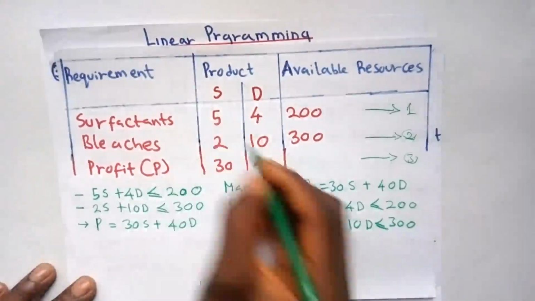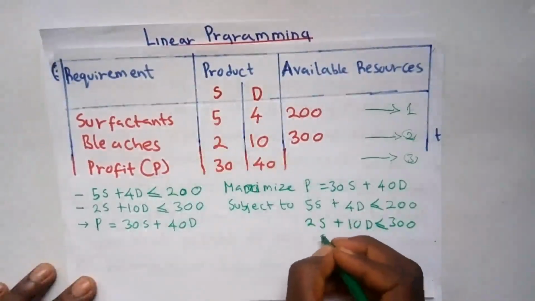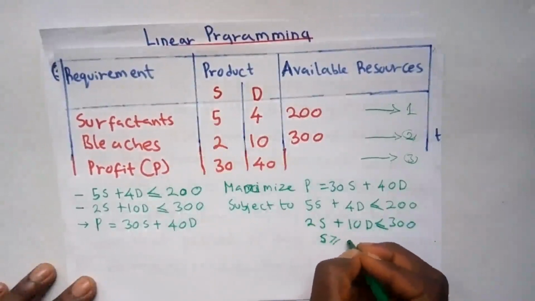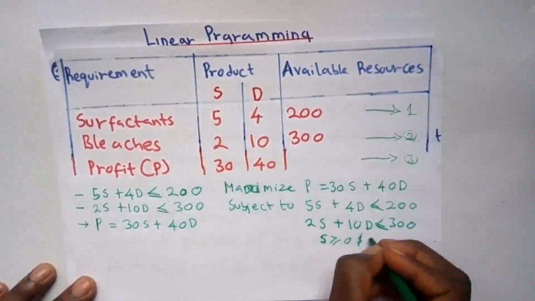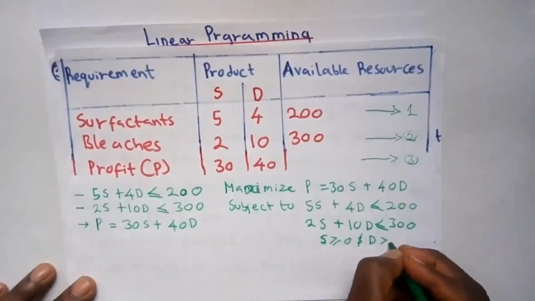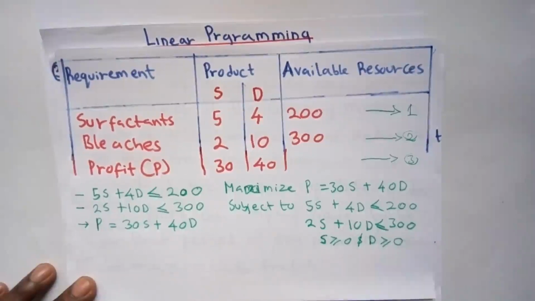Always record that soap produced must be greater or equal to 0, and detergent produced must be greater or equal to 0.